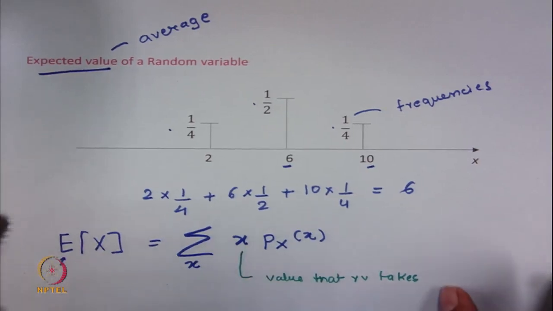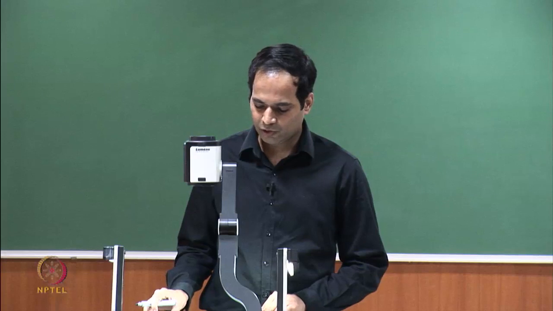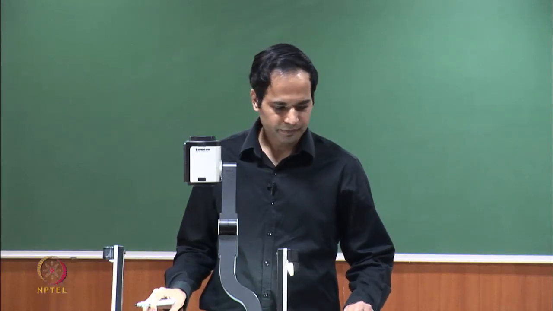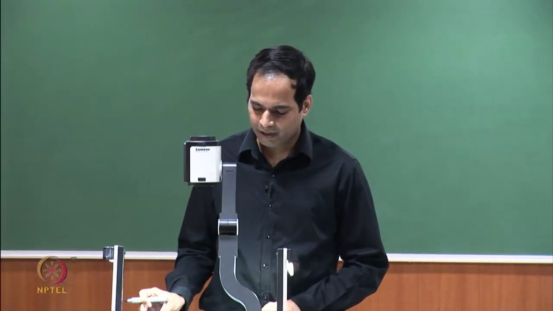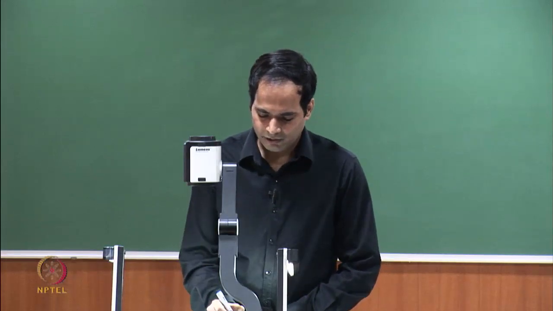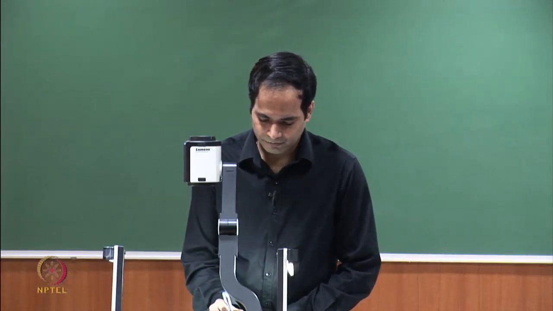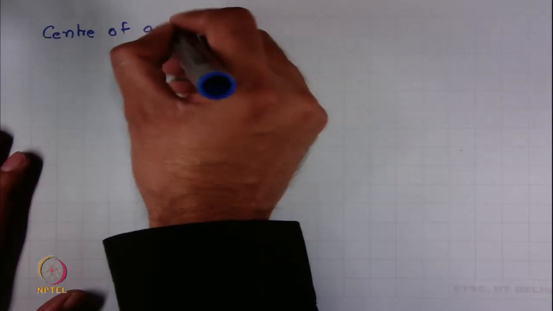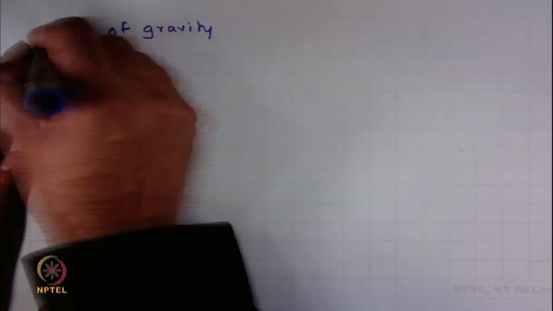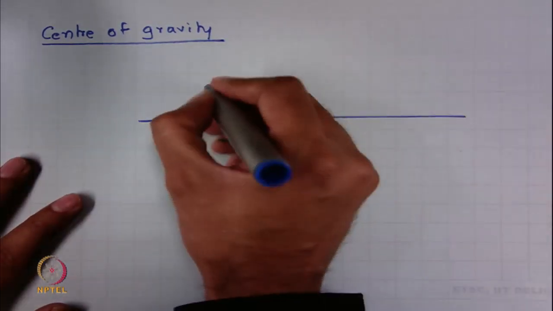Okay. So, one good way in which we can interpret this is by thinking about expected value as center of gravity. For example, let us look at this structure again.